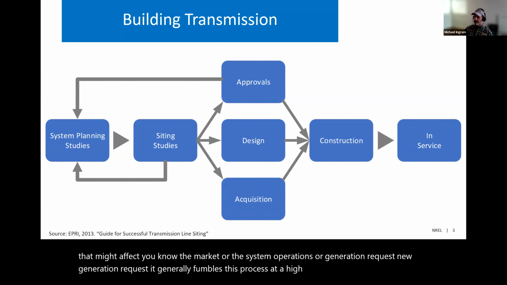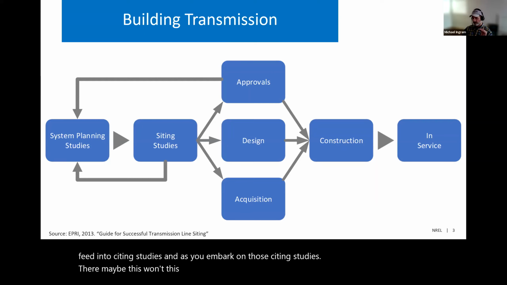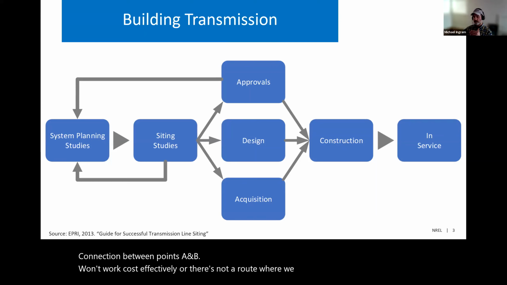So system planning studies feed into siting studies, and as you embark on those siting studies, there may be this pathway, this connection between points A and B, that won't work cost effectively, or there's not a route where the utility can obtain rights of way.